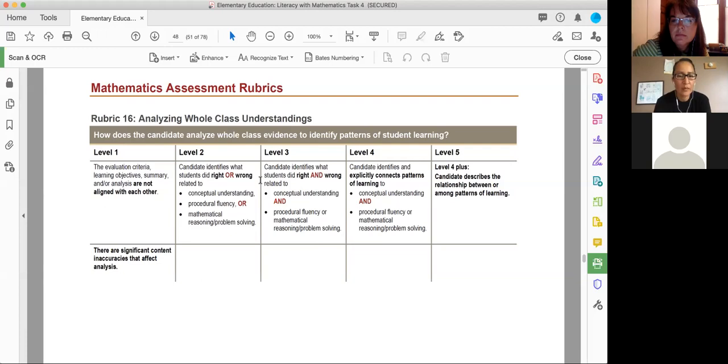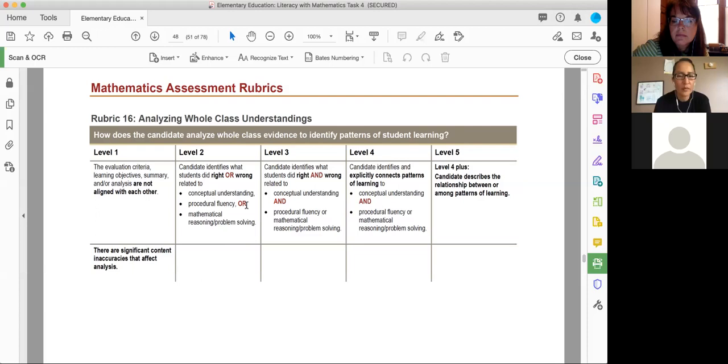Okay, I'm not even looking at level 2 here, because we don't want to even think about getting a level 1 or a level 2. These are the things that you shouldn't be doing, right? You should make sure it's aligned, and you should make sure what you're teaching is accurate, which, you know, shouldn't be an issue. You also shouldn't just be looking at right or wrong. You should be looking at what students did right and wrong.